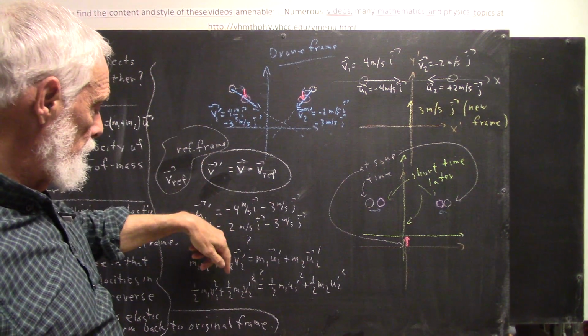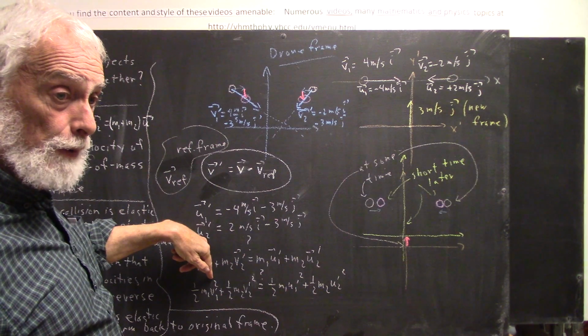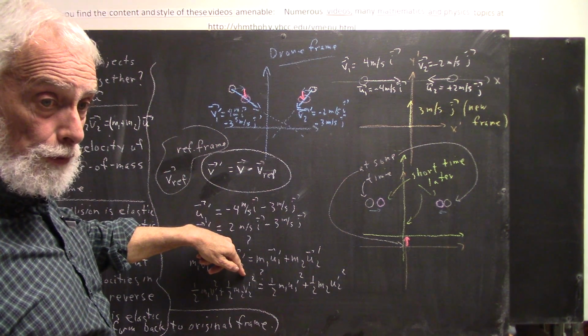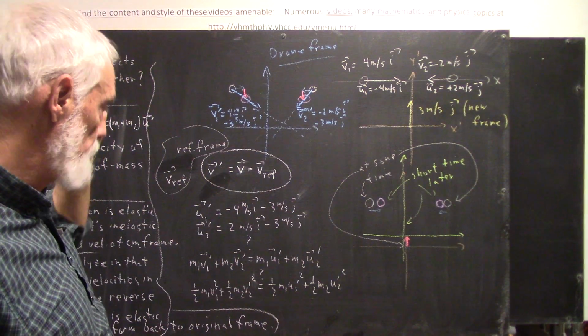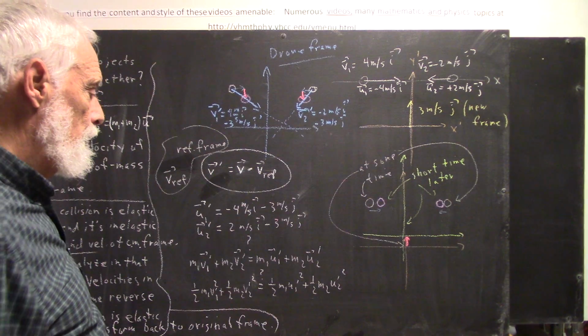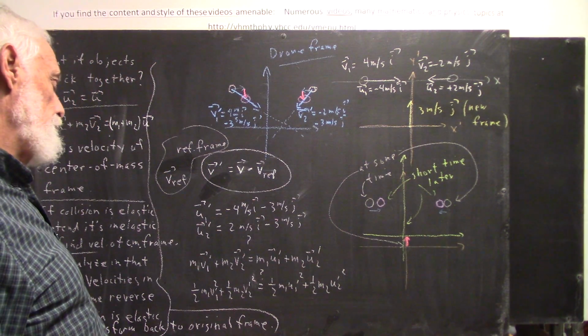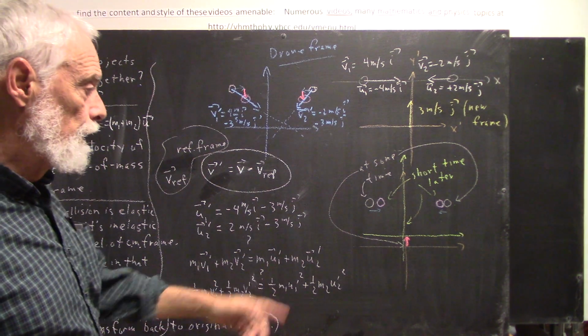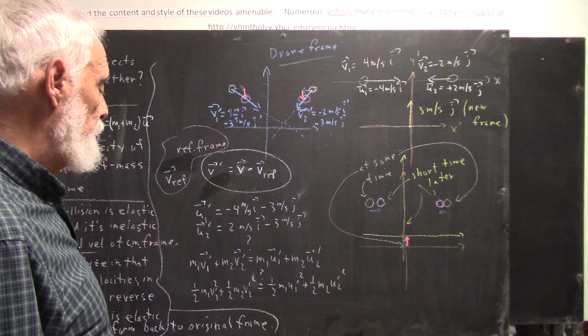So we're going to have 1/2 m1 times 25 meters squared per second squared, and 1/2 m2 times 13 meters squared per second squared. That's for our v1 and v2. And then our u1 and u2, well, they're going to come out exactly the same. And we'll verify conservation of kinetic energy.